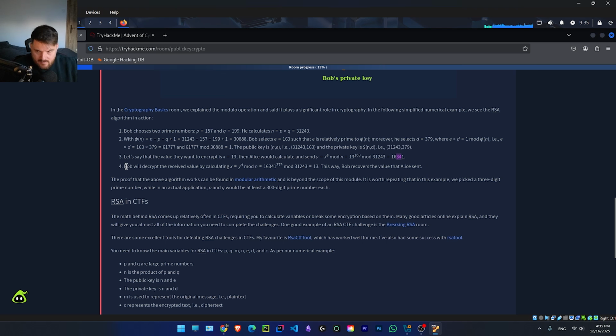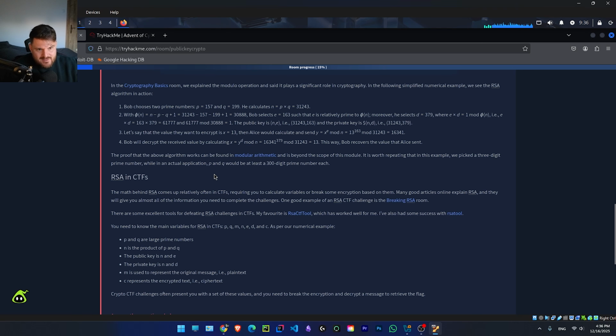Then Bob, in order to get what Alice sent, takes this result to the power of 379, modulo that number, and it equals 13, which is the value that Alice sent.